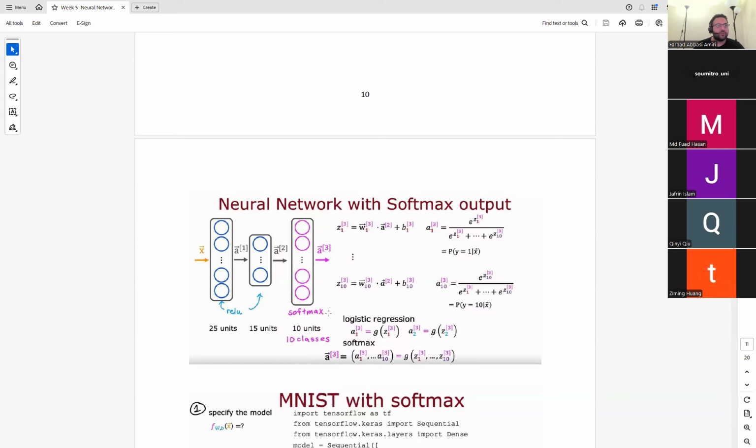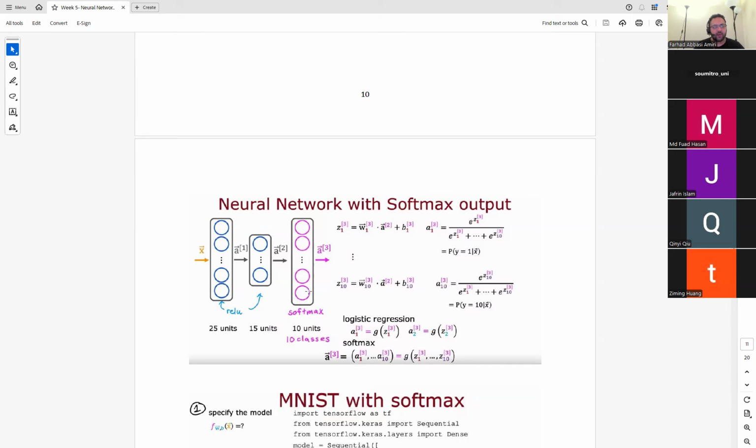And then if you consider softmax regression or softmax activation function for the output layer, then Z1 for the first node is this one, and A1 is the activation value of this node, the output of this node, up to the last one, Z10 equals W10 times A2 plus B10.